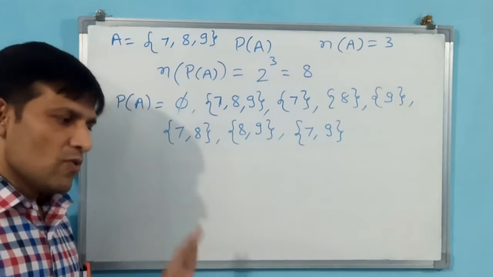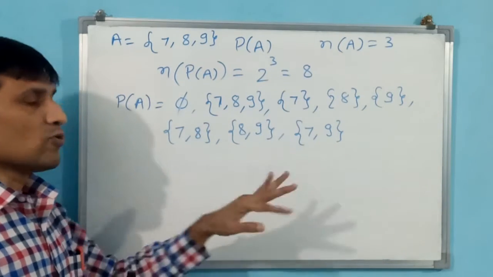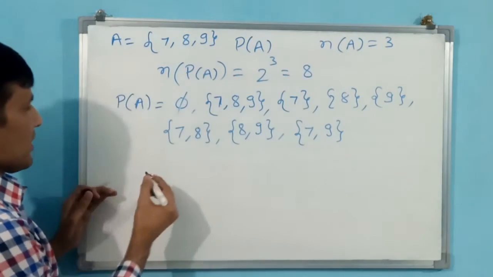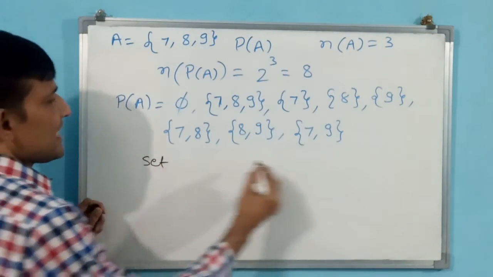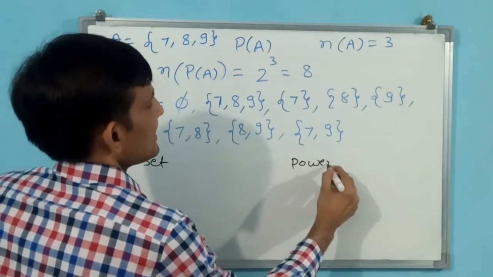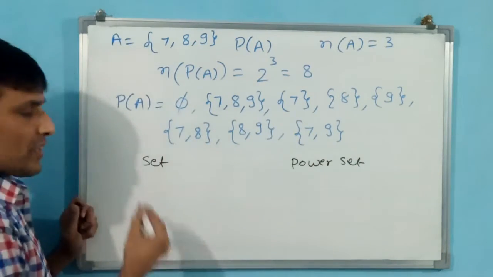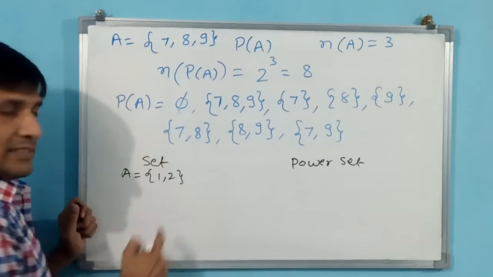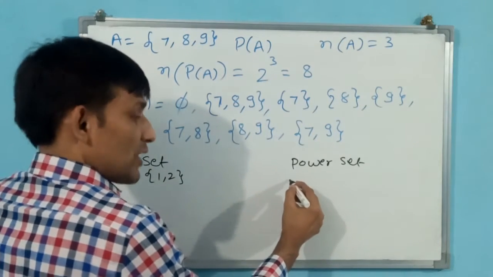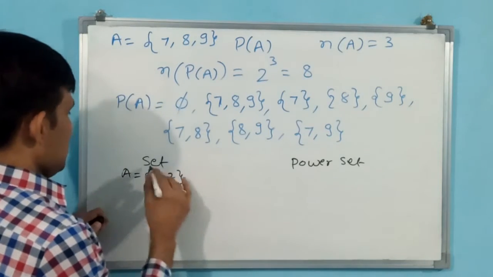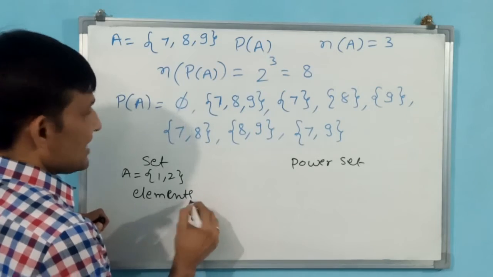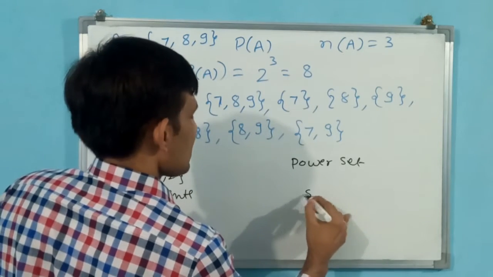Now we come to what is an ordinary set and what is a power set. I am writing here set, and here power set. Set is having elements, but power set is having subsets.